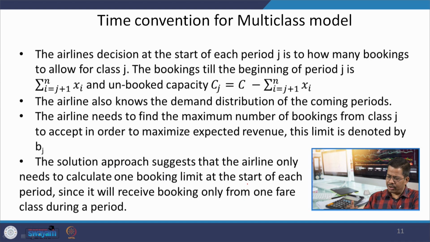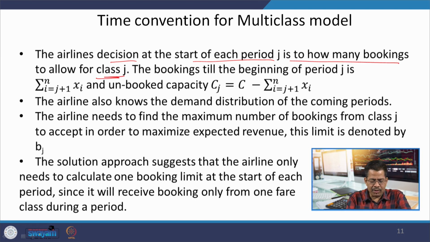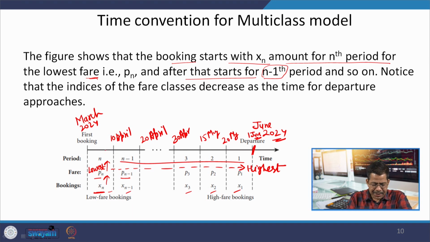Now, a few more important things before we actually go for the model building. The airline's decision at the start of each period j is how many bookings to allow for that particular class. Now, it is possible that during this particular period, x n bookings are coming for this low fare class, but you may have, let us say, a limit of b n.